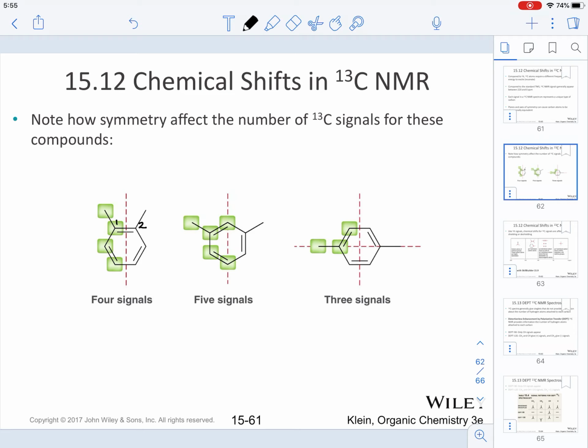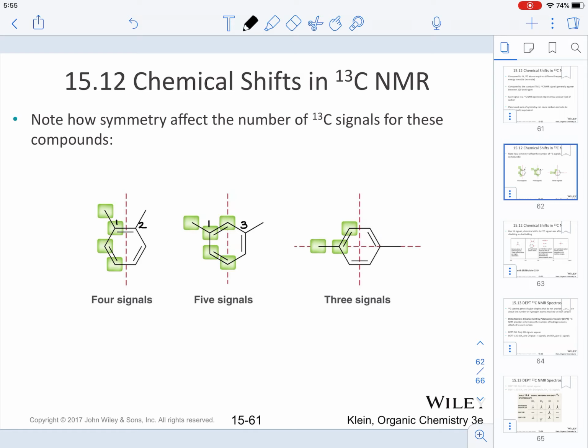If we look at the disubstitution at carbons 1 and 3, similarly, if we see as an axis the middle of the molecule, specifically for this one, we are going to have 5 signals.